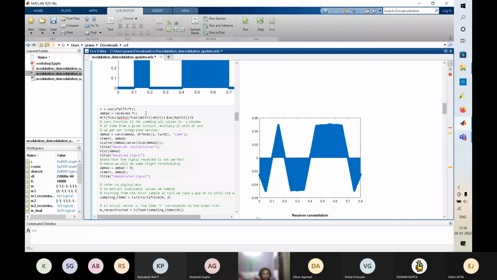This is the signal that we get in demod.